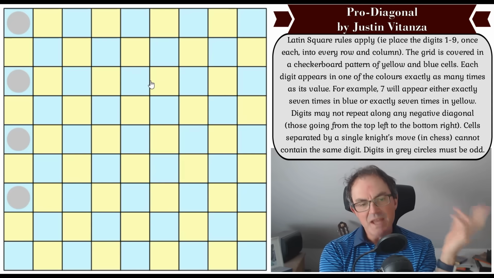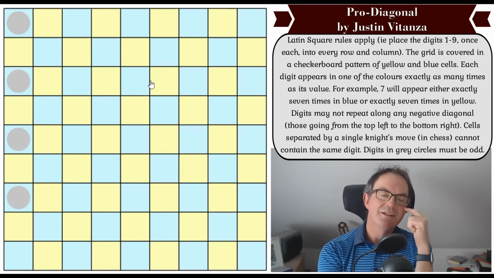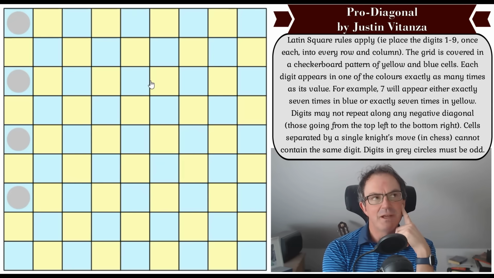So if you put a 7 in yellow, you can only put an even number of a digit in yellow. That's the way to think about it.